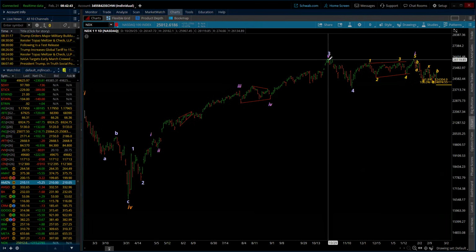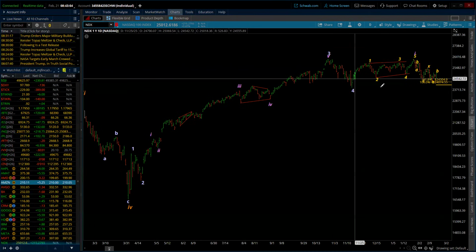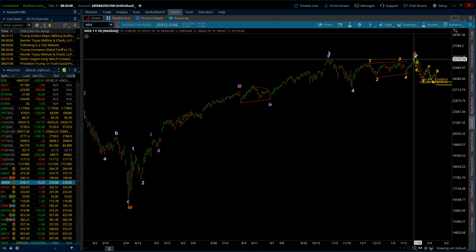I do not have a preferred. They're all alternates. But one of them is right there at the October 29th high. That completed all the way up to primary wave three, which puts us in the beginning stages of primary wave four.